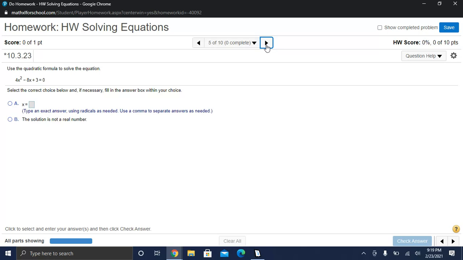Actually, I could do this one by factoring, and I think I will. So, excuse me, I'm changing my mind. So this is like your problem number 5. And even though it does say to use the quadratic formula, I'm actually not going to. I'm going to give you a chance to see what this one would look like by factoring.